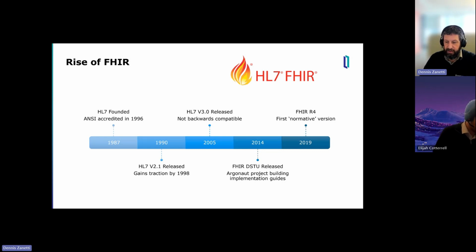This development continued until V4 in 2019, which I think is really considered the first normative version, meaning it's widespread and mature enough and can really be used for viable implementations. The important takeaway I wanted to point out here is how HL7 version 2 sort of stalled, and now we're moving on to a completely new version, which is now called FHIR.